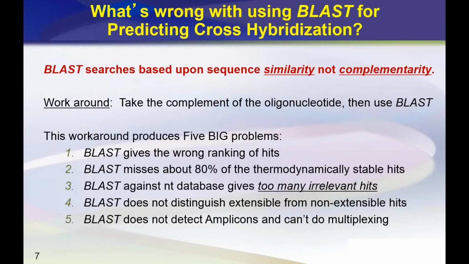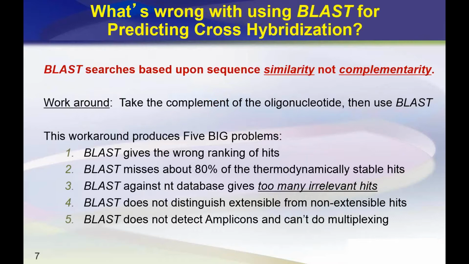Any one of those would be evolutionarily related but have no relevance at all to a primer design. And so you get too many of the hits you don't care about. So point 2 indicates that BLAST misses a lot of the hits that do matter, and it also gives you too many of the ones you don't want.